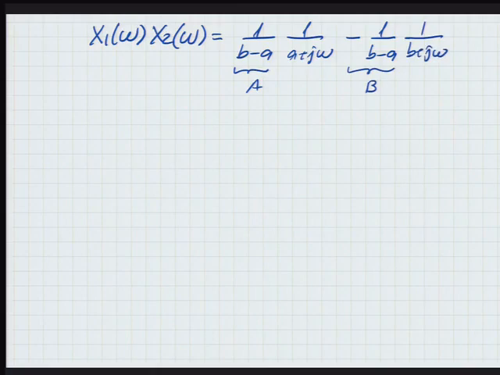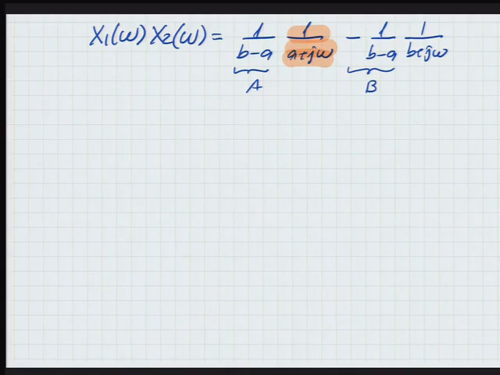Now things look simpler. In fact, to find the inverse Fourier transform of this, I don't have to do any integrations because I already know what the inverse Fourier transform of this is, right? This is a very basic function, exponentially decaying function multiplied by unit step, right? We studied the last example, we don't have to do it every time, right? We'll just use our knowledge from the last lecture.